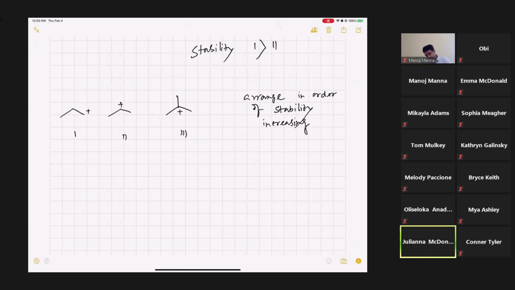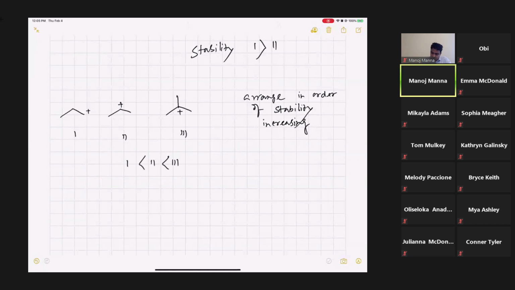Would it be 1, 2, 3, since the first one is primary, then secondary, then tertiary? Yes. So this is a primary carbocation, 1 degree, because the carbon bearing the positive charge is connected to 1 carbon. Here the carbon bearing the positive charge is connected to 2 carbons, so this is a secondary.